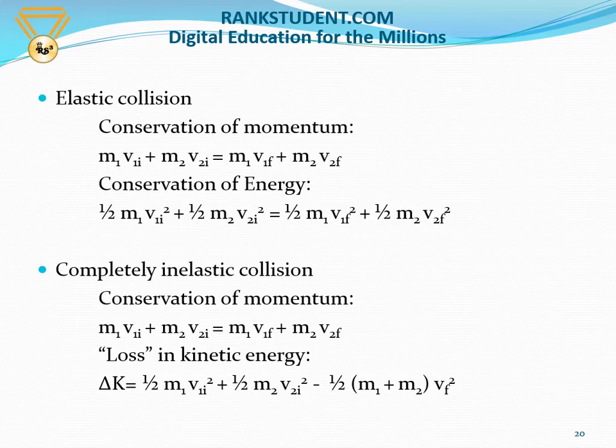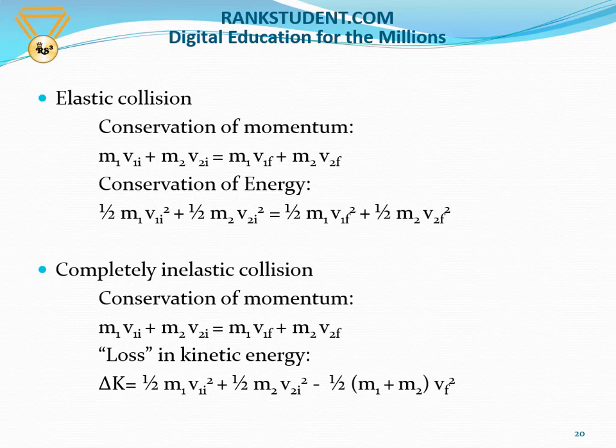In an elastic collision, the conservation of momentum: the initial momentum of body 1 plus the initial momentum of body 2 is equal to the final momentum of body 1 plus the final momentum of body 2. Similarly, the conservation of energy.